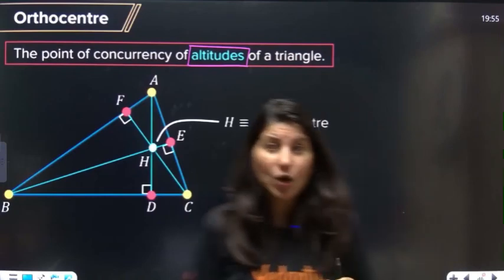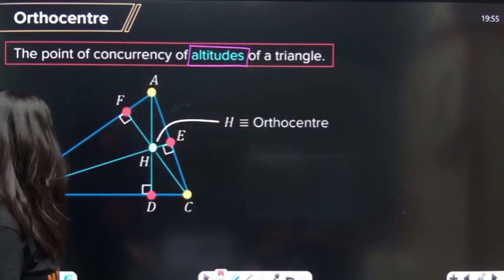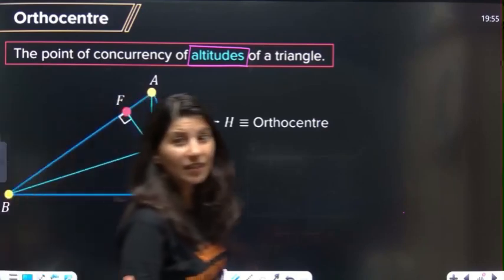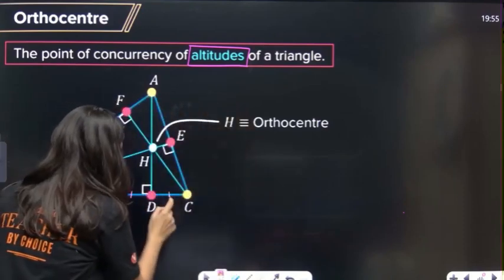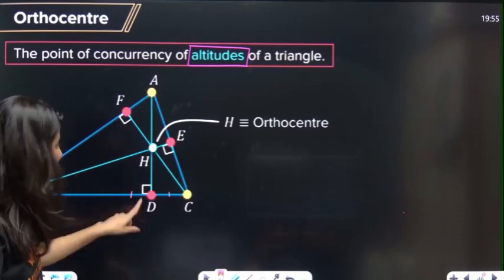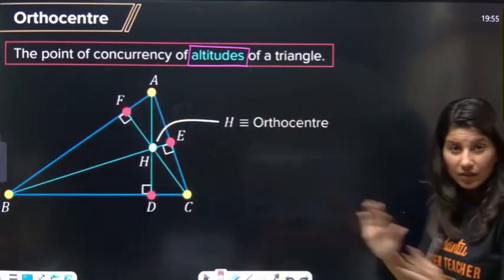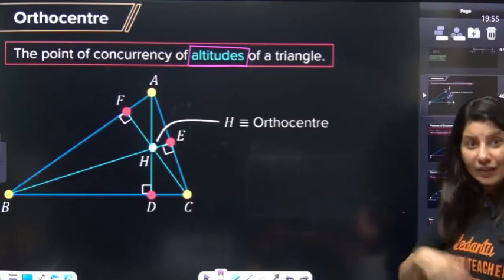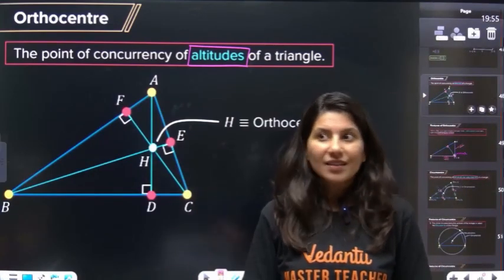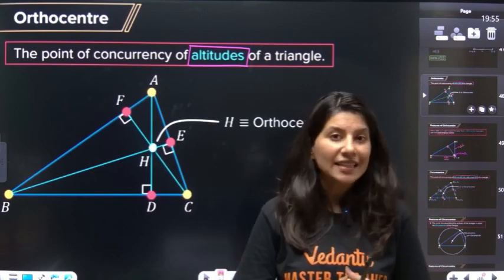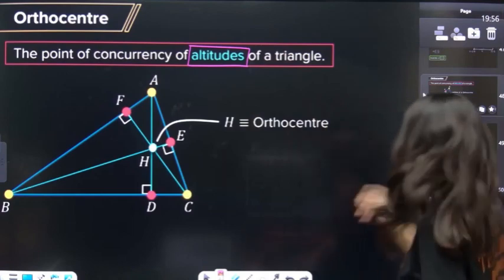So all the altitudes originate from a vertex. And an altitude not necessarily bisects the base. Here D is not the midpoint of BC. If it is bisecting, then it is happening by chance, but this is not mandatory. The mandatory thing is it should start from the vertex and it should be perpendicular. This is your altitude.